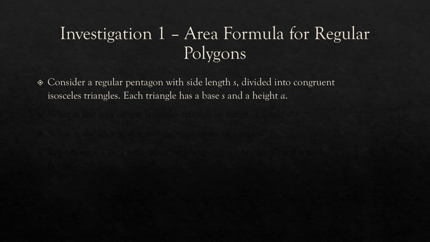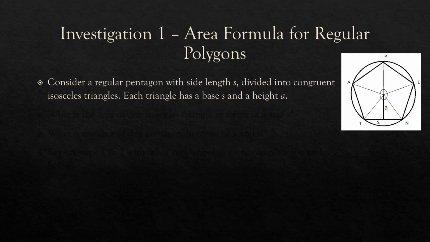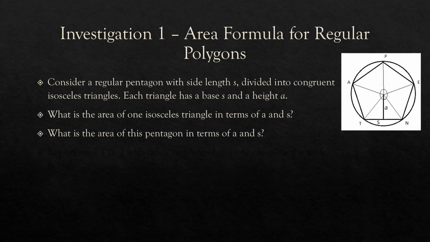Consider a regular pentagon with side length S divided into congruent isosceles triangles. Each triangle has a base of S and a height of A. What is the area of one isosceles triangle in terms of A and S?